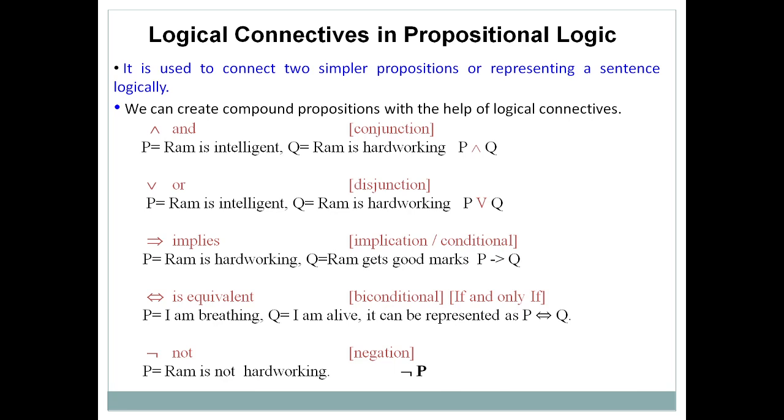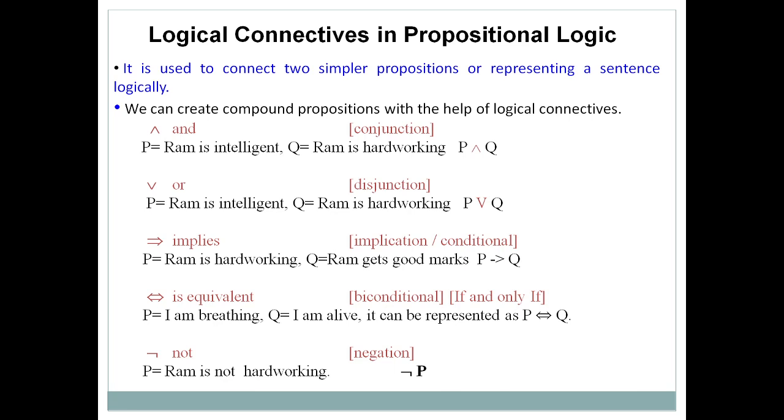We can represent it like this: P and Q. P represents Ram is intelligent, Q represents Ram is hardworking, and we have connected them with the help of conjunction. So we can write: Ram is intelligent and Ram is hardworking. This is how we use the connective conjunction to connect two statements, represented by the variables P and Q.